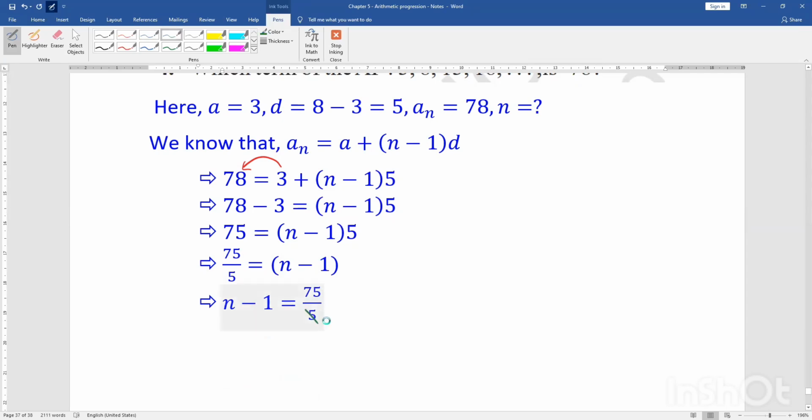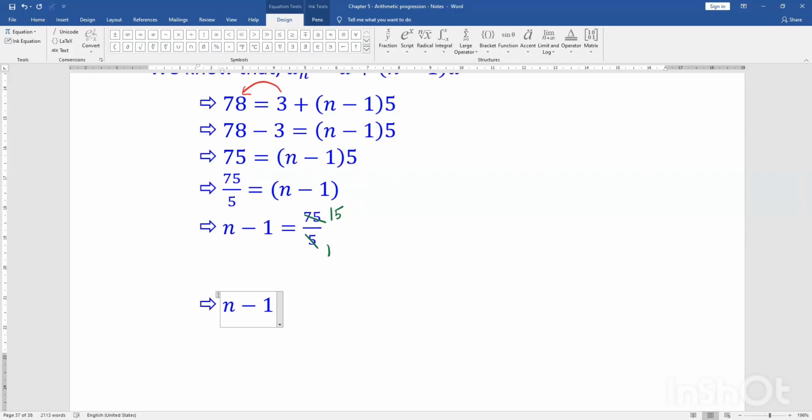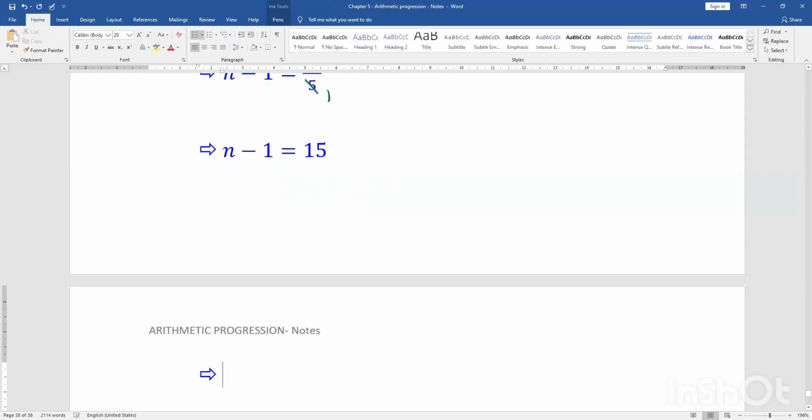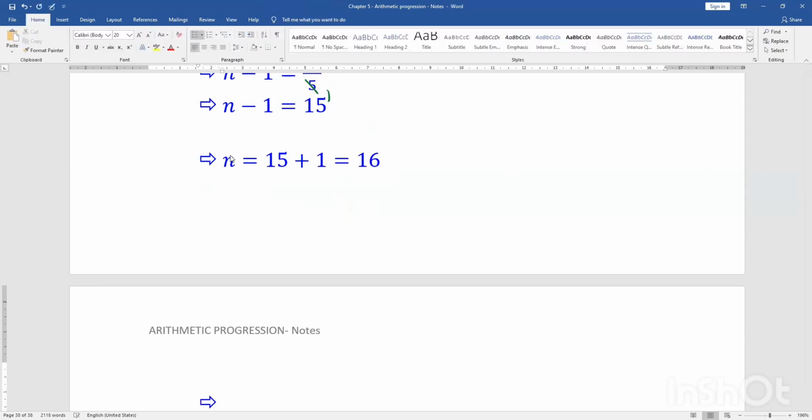When you do the cancellation, we get 5 ones are 5, how many times? 5 15s are 75. So n minus 1 equals 15, or n is equal to 15 plus 1, which is equal to 16.